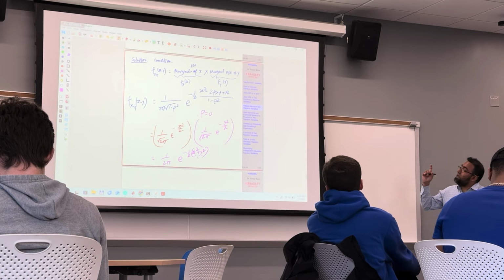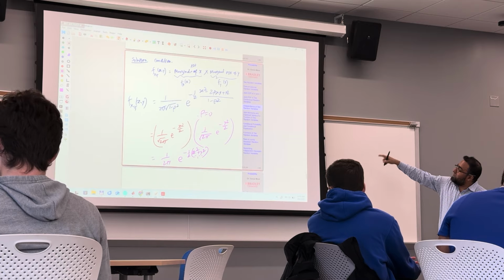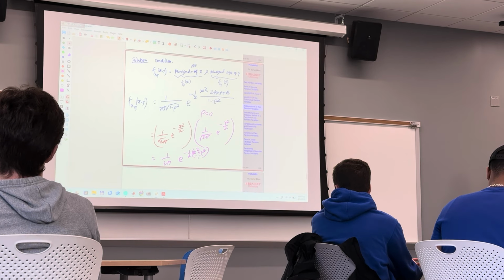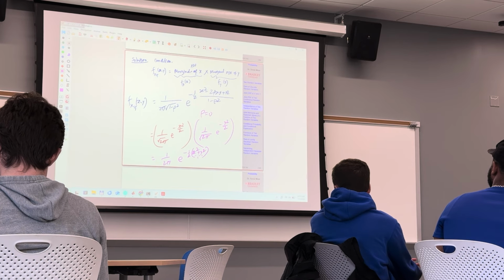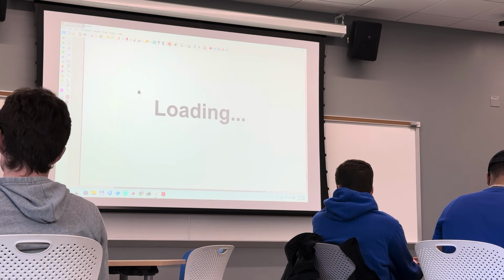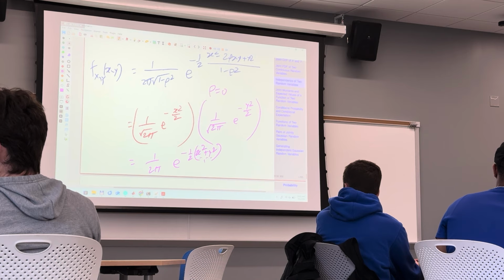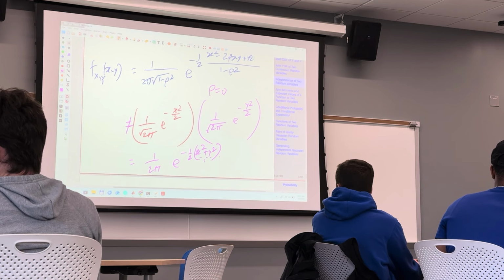If and only if rho equals 0, you can see that the joint PDF is going to be the multiplication of their marginal PDFs. So otherwise this guy is not equal to this, okay?